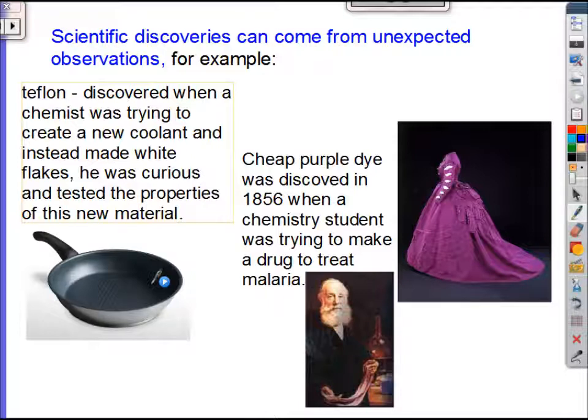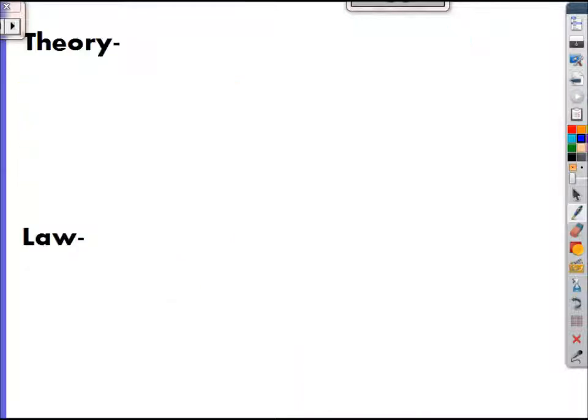Only the royalty got these colored dresses and really very nice colored things. This guy was looking for a drug to treat malaria, so he made this purplish stuff. And he realized that he could actually make this cheap dye and went on to sell that in England and passed on the opportunity to make colored material.